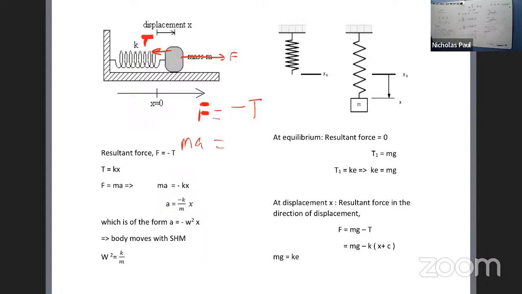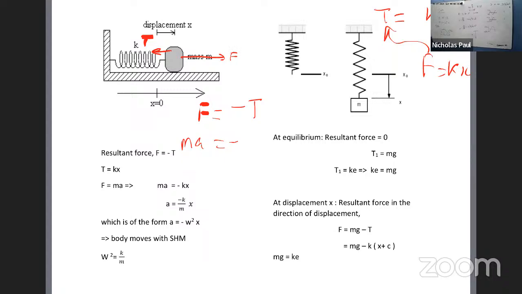What is tension equal to for a spring? T is equal to what? If it's Hooke's law, T is equal to K by extension. Remember this? F is equal to Kx. So the force is the tension. All right.